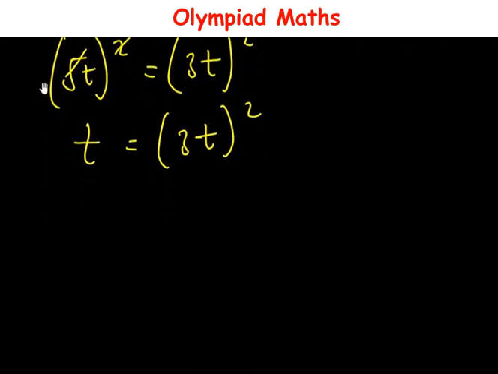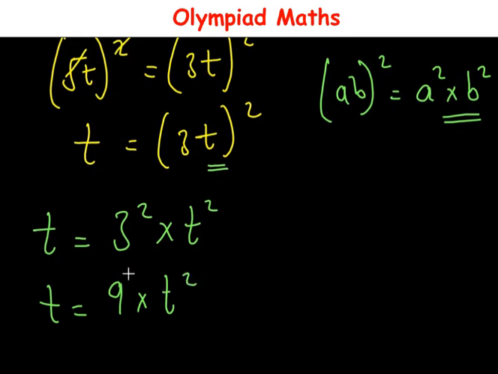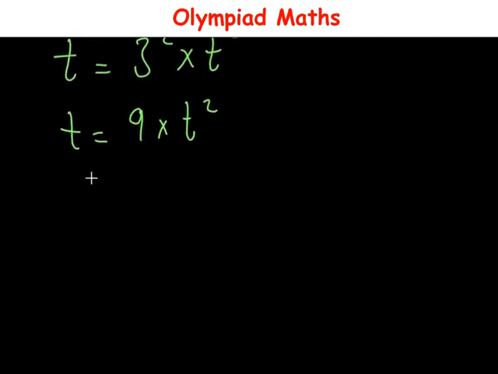Applying this rule that if you have, in brackets, ab all raised to power 2, this equals a squared times b squared, the value of t is equal to 3 squared times t squared. So from here, t is equal to 3 squared, which is 9, times t squared. From here, t is equal to 9 times t squared, which is 9t squared.